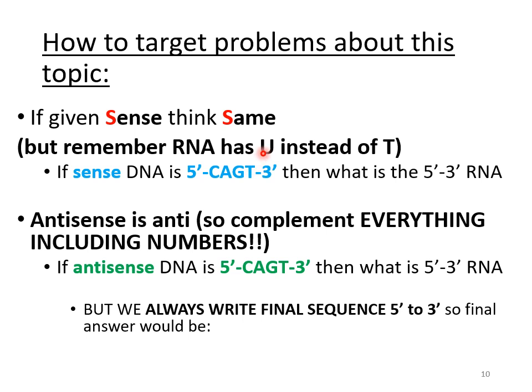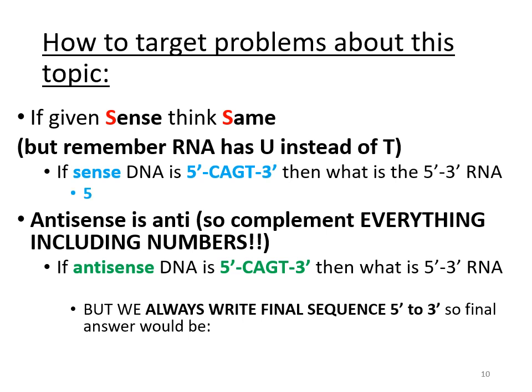Okay, so if we're given sense DNA 5', C, A, G, T, 3', then we have to make the 5' to 3' RNA. Since this is sense DNA that we are given, our RNA should look the same.